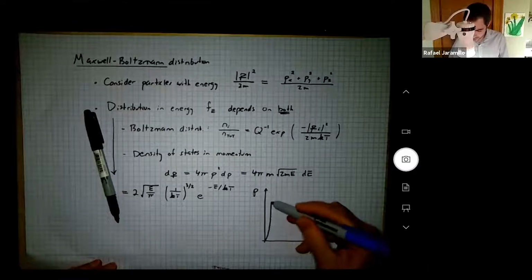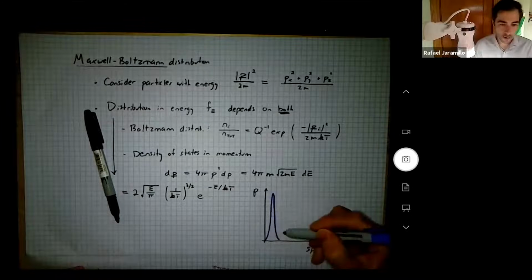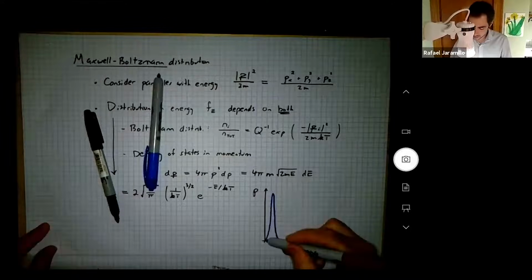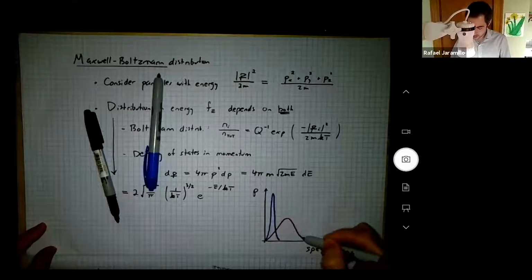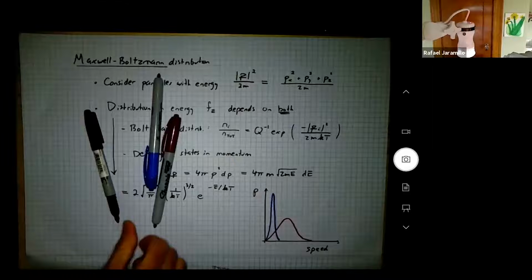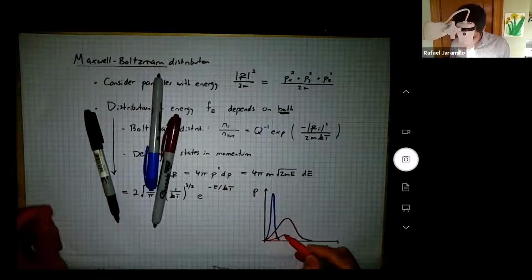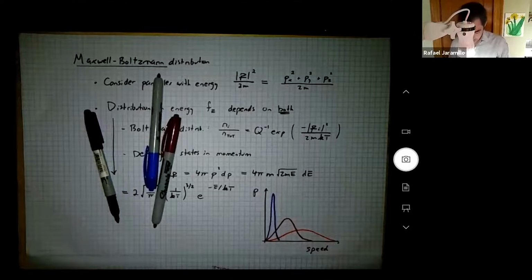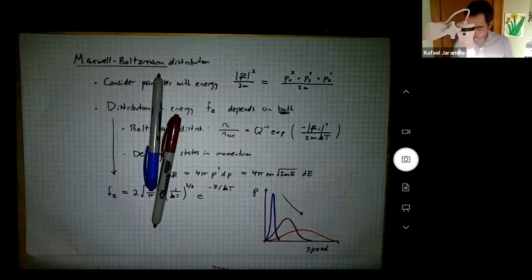You have something that's pretty sharply spiked here. Then intermediate temperature. And then at high temperature. This is a series of increasing temperature.